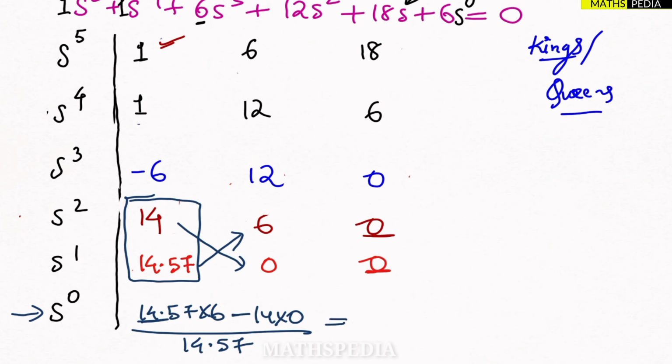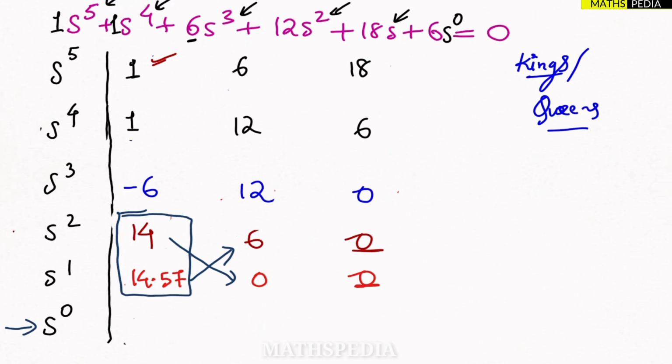So how much will you get? I'm getting 87.42, minus 0 divided by 14.57. So how much will I get? I'll get 6 as the answer. When you divide it, you will get 6. Okay. So I'm getting this value as 6. Now the next value is automatically 0, because these two elements are 0.